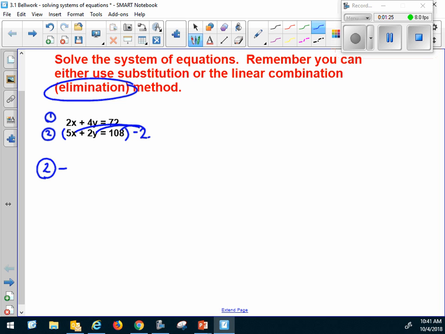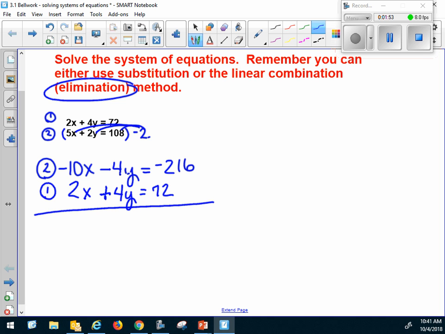Negative 2 times 5x will be negative 10x. Negative 2 times 2y will be negative 4y. And negative 2 times 108 will be negative 216. Is that okay? Then I'm going to bring down equation number 1, leaving it the same as it was. 2x plus 4y equals 72.